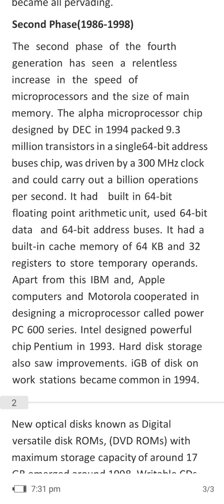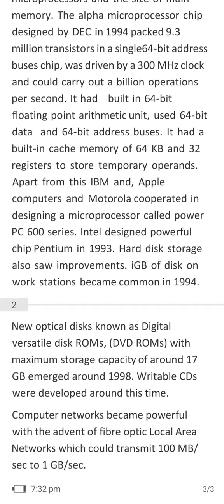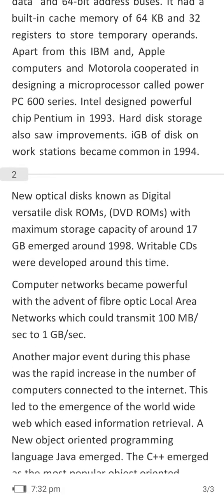Apart from this, IBM and Apple computers, with Motorola, cooperated in designing the microprocessor called the PowerPC 600 series. Intel designed the powerful Pentium chip in 1993. Hard disk storage also saw a lot of improvements, and GBs of disk on workstations became common in 1994.